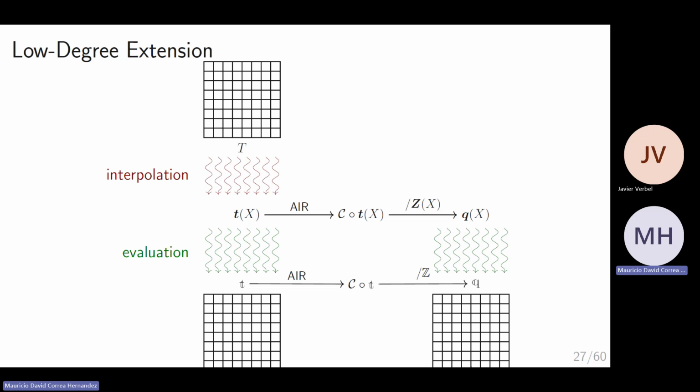In the low degree IOP and in the IOP models down below, the prover sends code words, and every code word there represents the evaluation of some polynomial on the evaluation domain, which would be on the unit circle. Exactly. The out of domain sampling is for boosting samples.